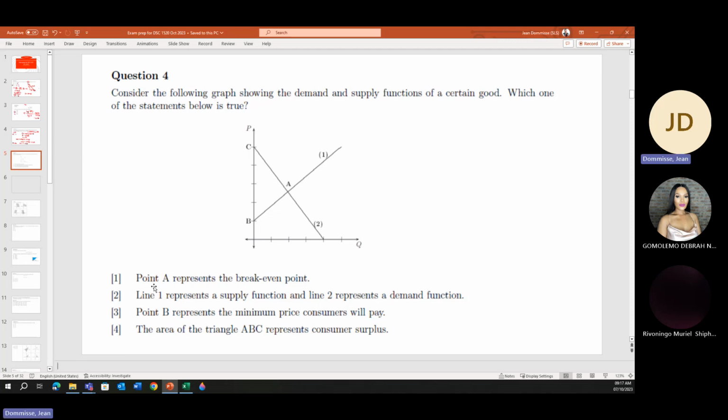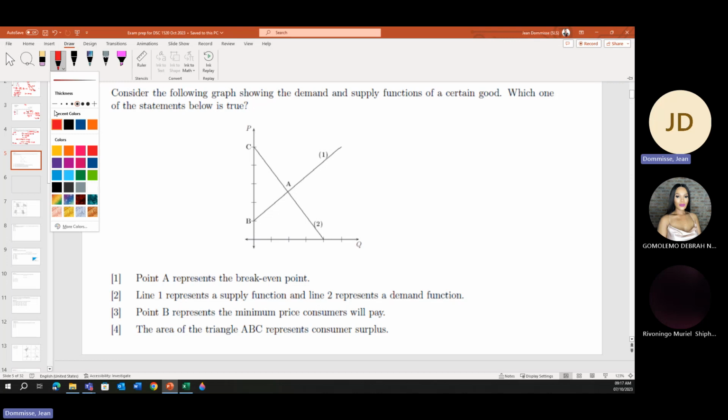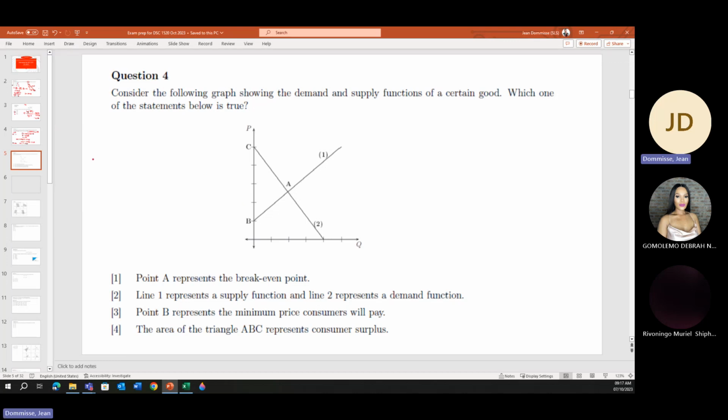In this, the first thing I would add is to say they tell us it's supply and demand, but let's put in that this is the supply function and this is the demand function. I don't want to go through the questions and get confused, and then start guessing what you need to do.